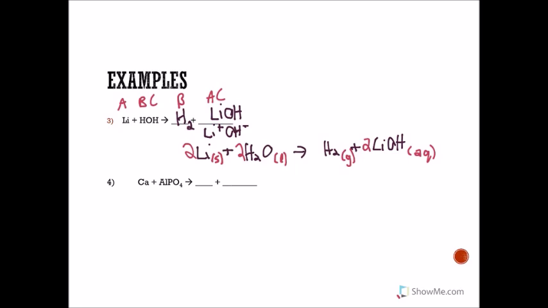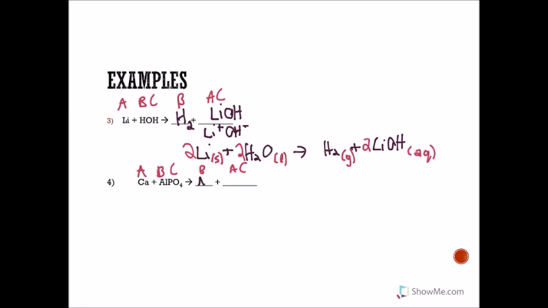Our next example is calcium and aluminum phosphate. We take a look at that on our activity series. Calcium is farther down than aluminum, so we're good to go in this case. And it is a cation, so we go A plus BC yields B plus AC.